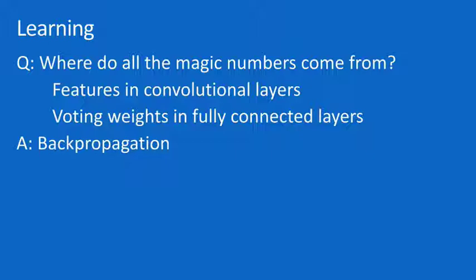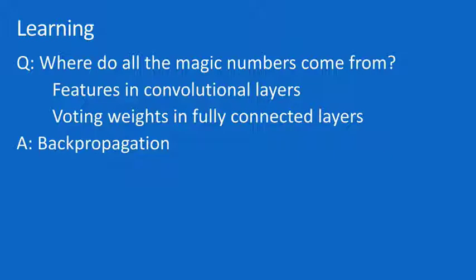You only have to specify the size of the filter. That's not something you can learn. So you still have to say whether it's 3x3 or 5x5. You also have to specify the number of filters, the stride and the padding. All those things are hyperparameters that you still specify, but you don't have to specify the actual pixel values of the features.